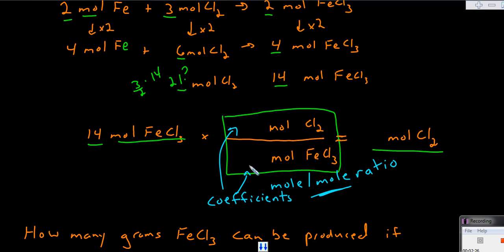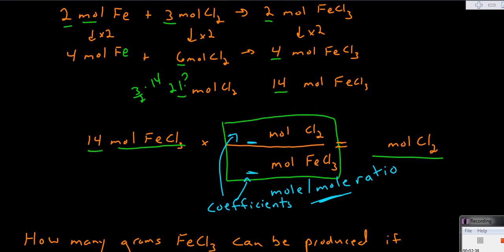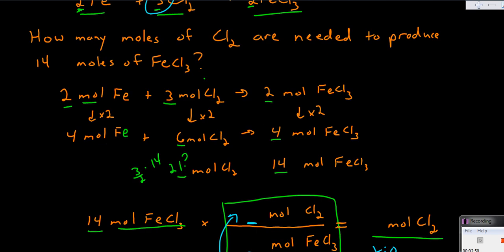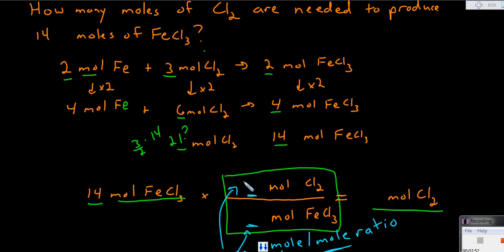The numbers that we use to convert between moles of one thing and another are the coefficients in the balanced chemical equation. For example, there is a 3 in front of chlorine in our balanced chemical equation, hence we need to put a 3 in front of moles of chlorine here.